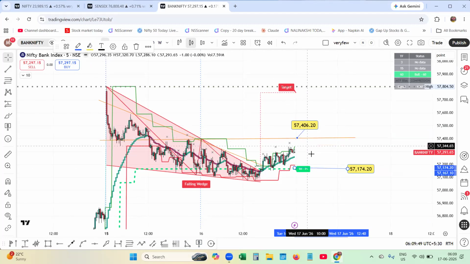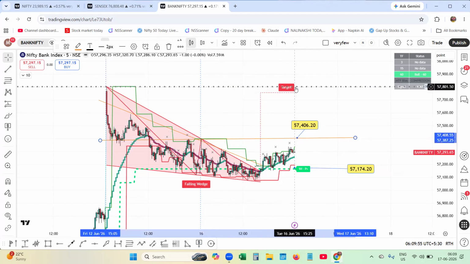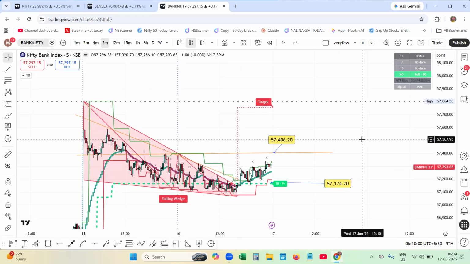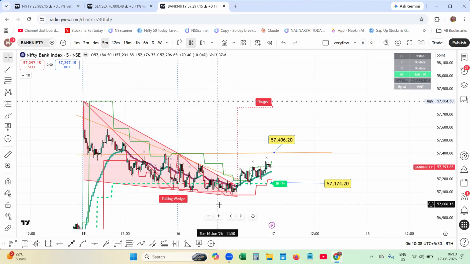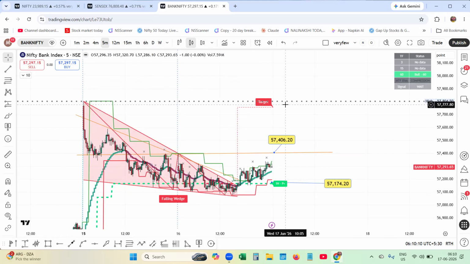So it can test, retest, and break out. If it breaks this range breakout, you can anticipate this target, that final target is 57,804. Whether it will happen today, it can happen today, because it is a complete fall and retest.